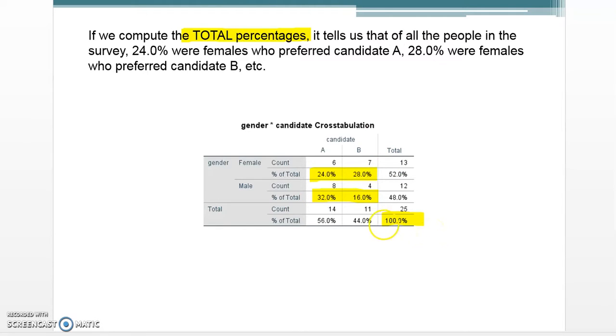So that tells us, out of all the people being considered, 24% are females who prefer A, and 16% are males who would prefer B. So that's sort of like a frequency distribution. You put the frequencies in the table and look at the percentage.